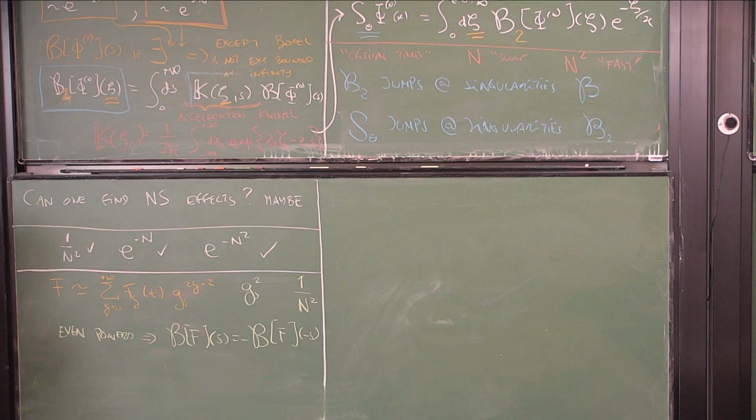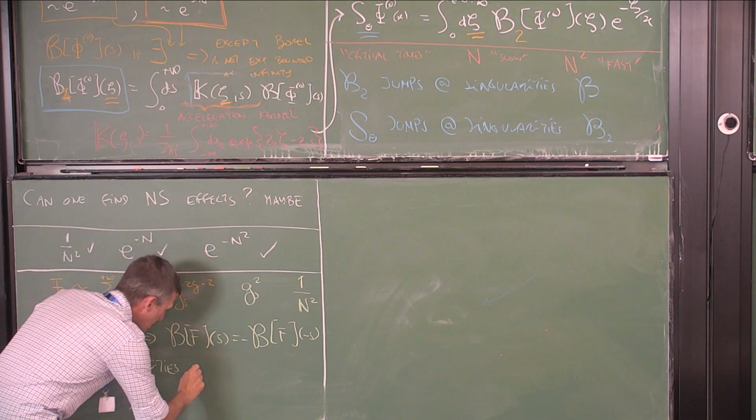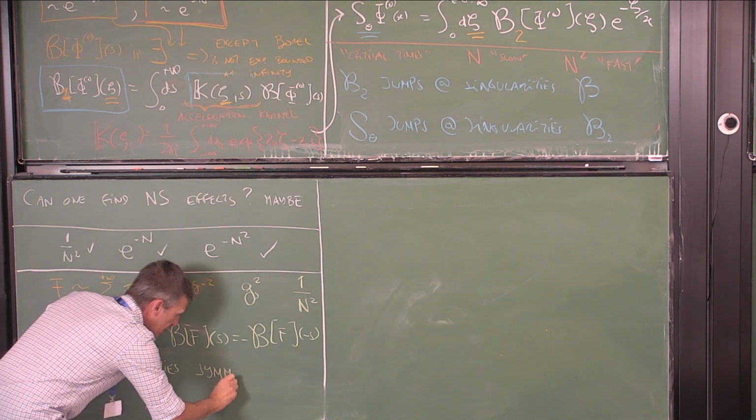So the Borel singularities are actually symmetrically distributed on the Borel plane.